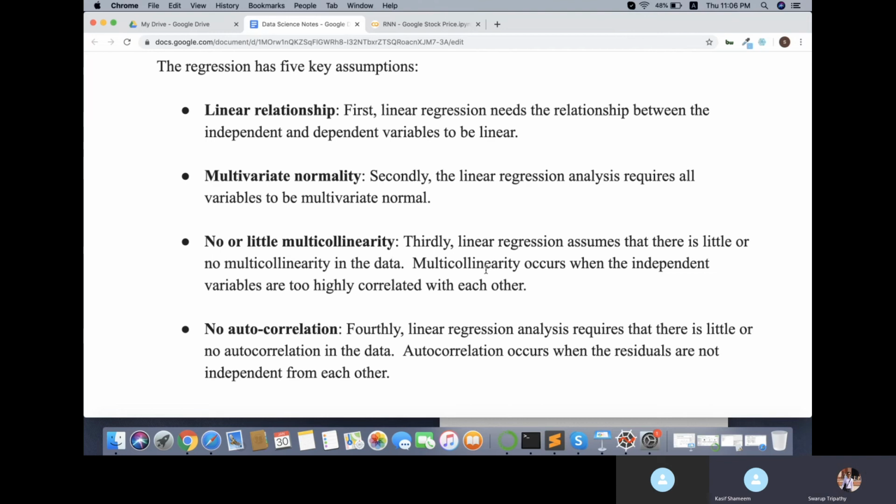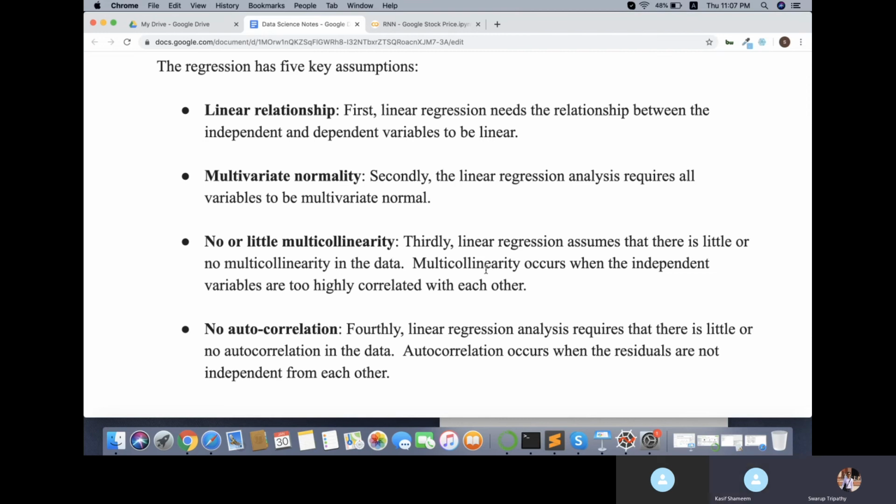Highly correlated means, suppose I am taking math and read, both independent variables, and whatever values are in math, exactly the same values are in read. That means they are highly correlated with each other. In that scenario, I can drop one.